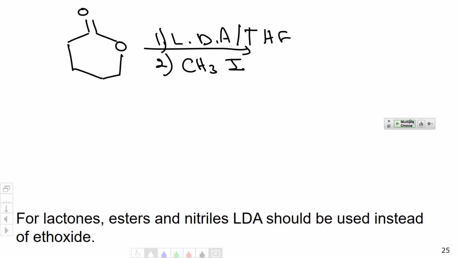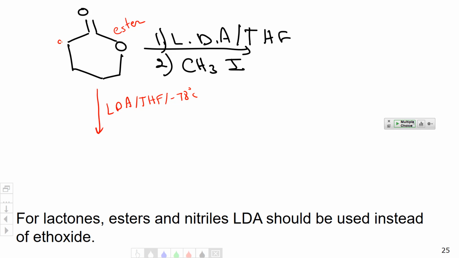If you have a monoester or a mononitrile or a monoketone, you use exactly the same stuff. For example, this is an ester and it is cyclic, so we sometimes refer to it as a lactone. If I add LDA, THF, minus 78 Celsius, I'm going to deprotonate the alpha carbon.